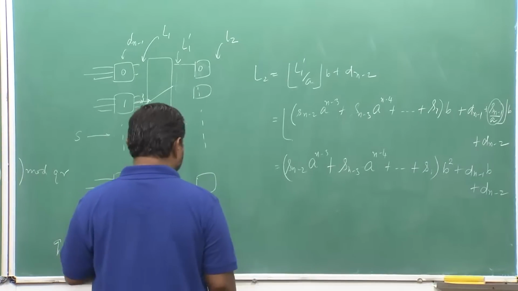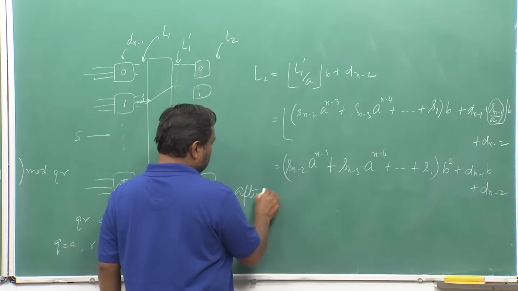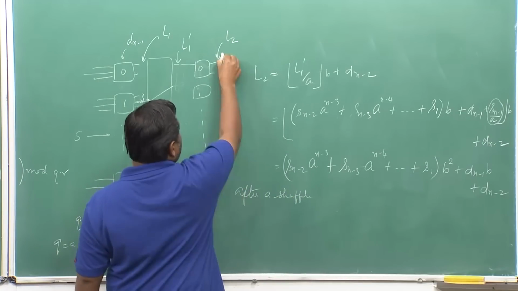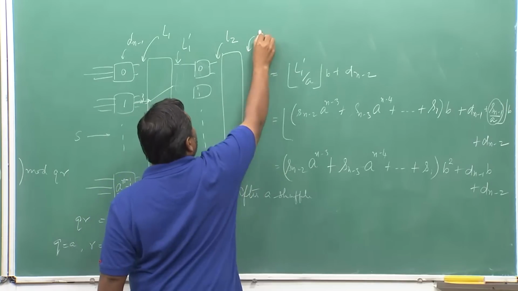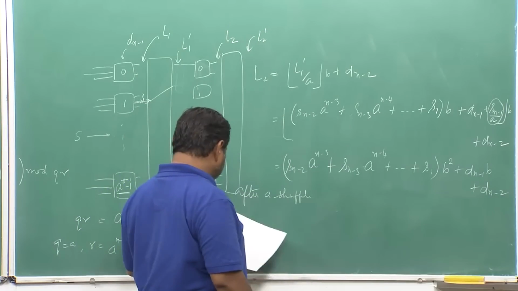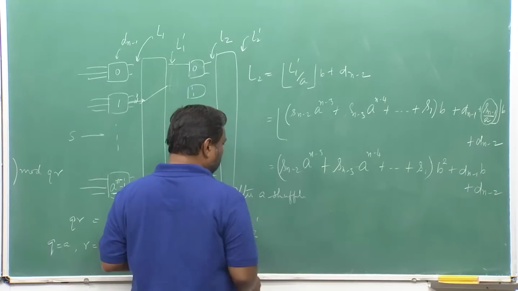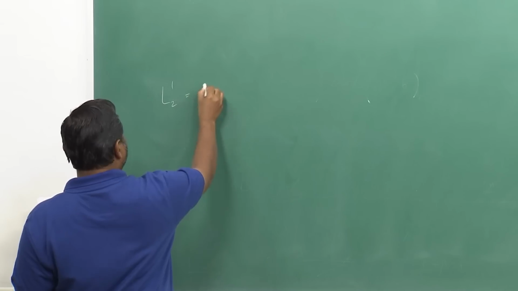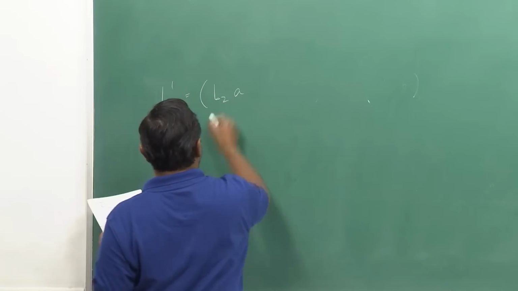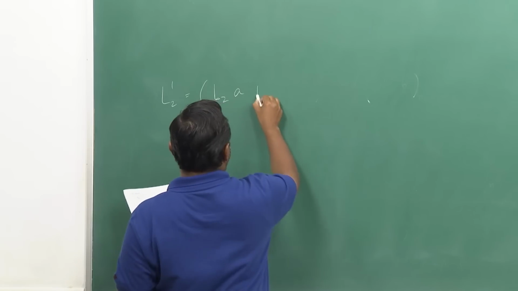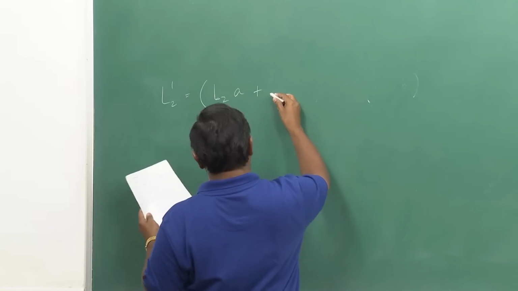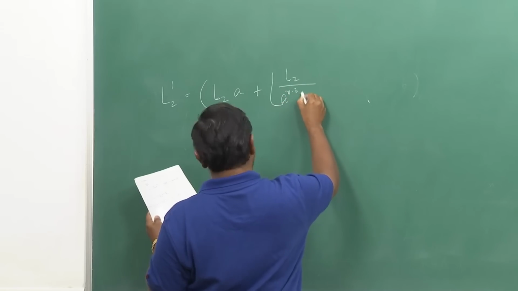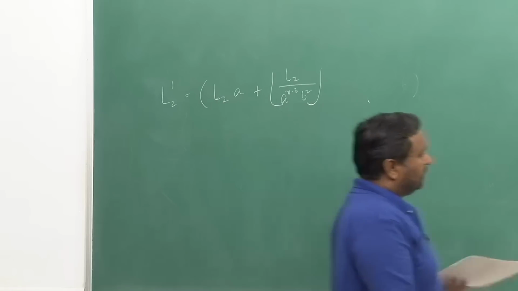After a shuffling, basically at the output here you will have another shuffle, you will get L2 prime here, let me write it here, L2 into A. So, I am just using the q star r formula.